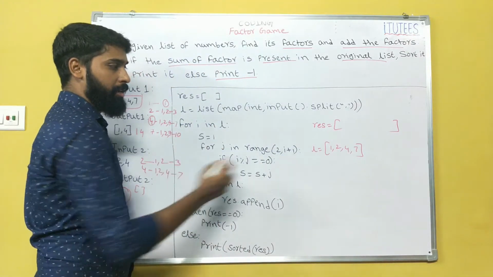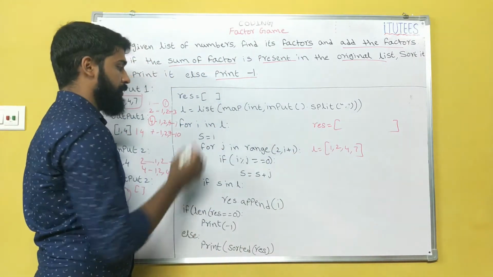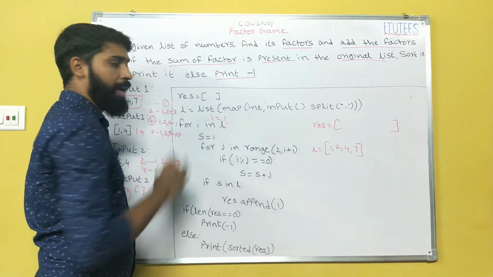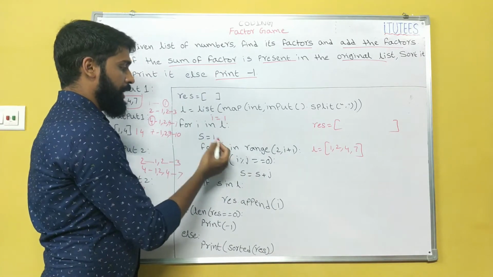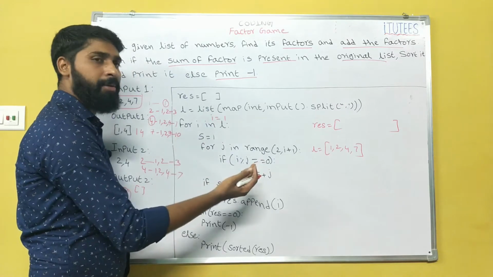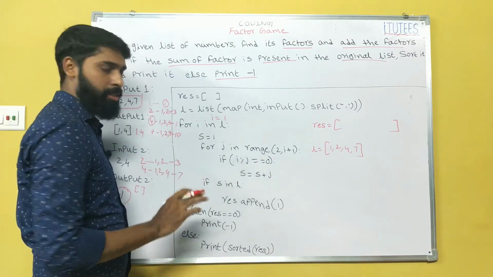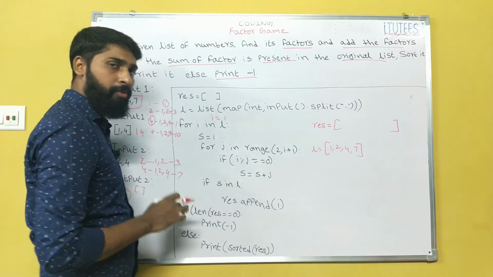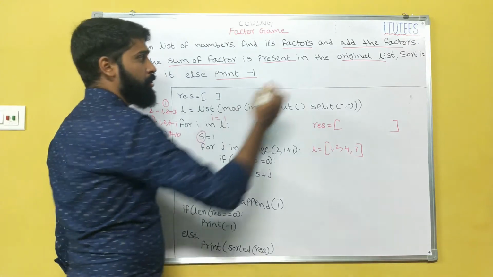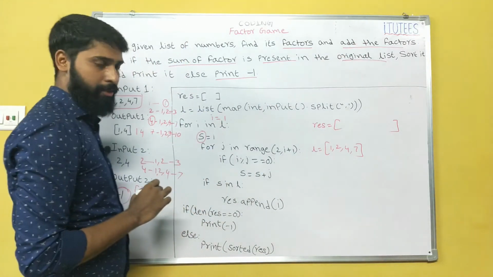Next, for I in L, the values are 1, 2, 4, 7. In the first iteration, I equals 1, S equals 1. That means all the numbers are divisible by 1 at least, so I am taking S equals 1. This variable S is used to add the factors.